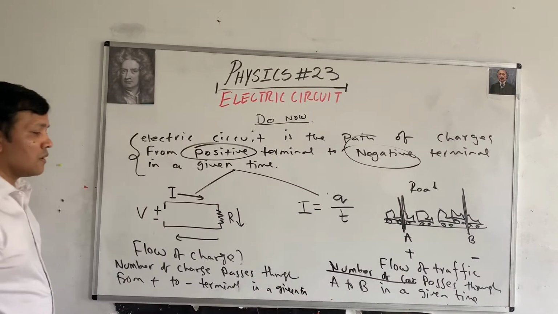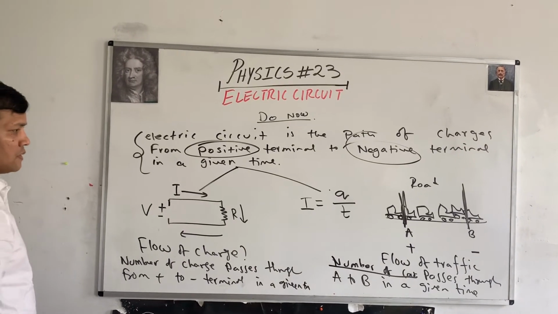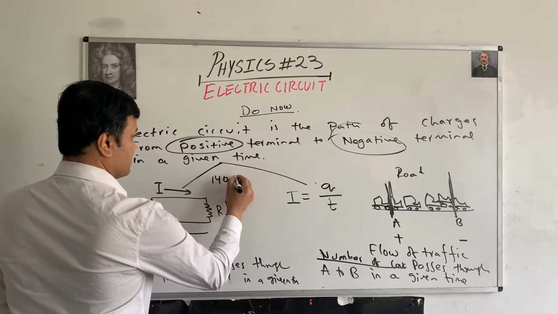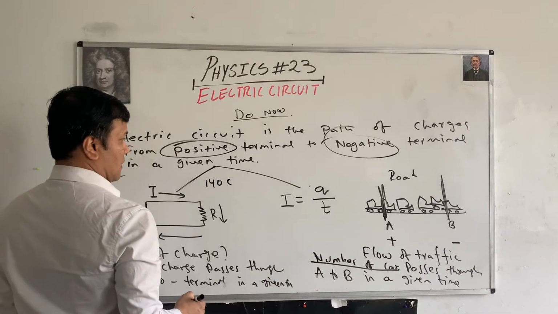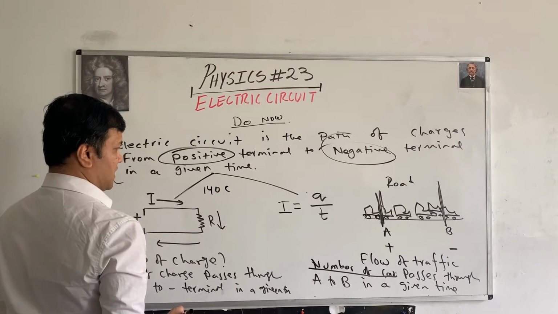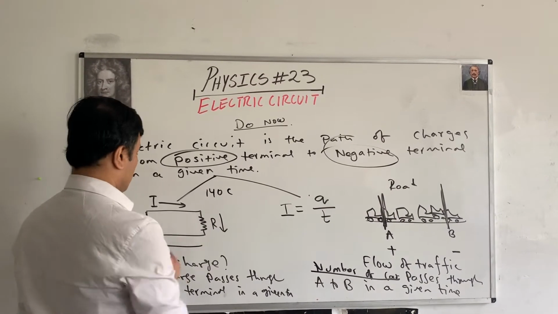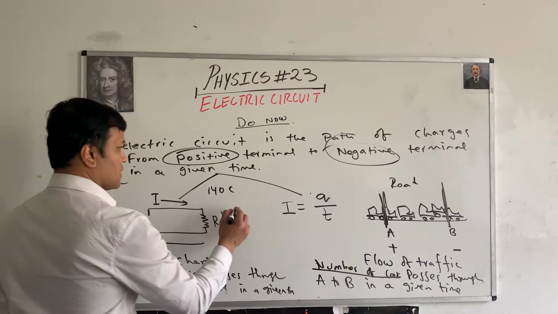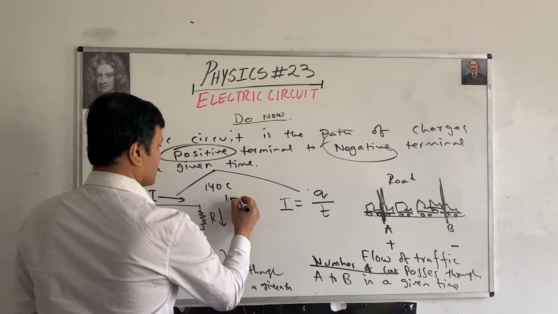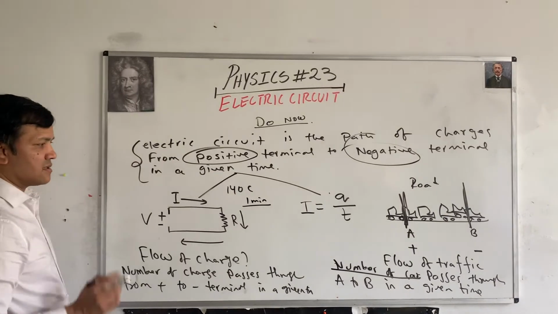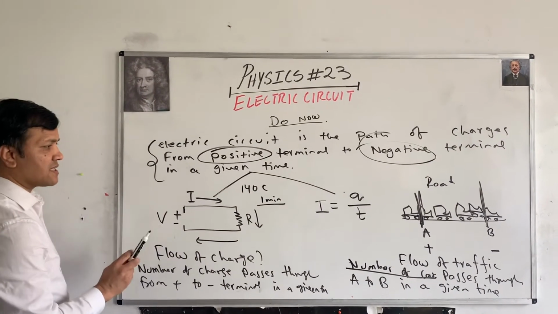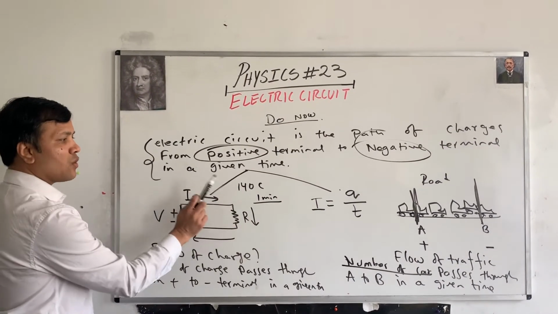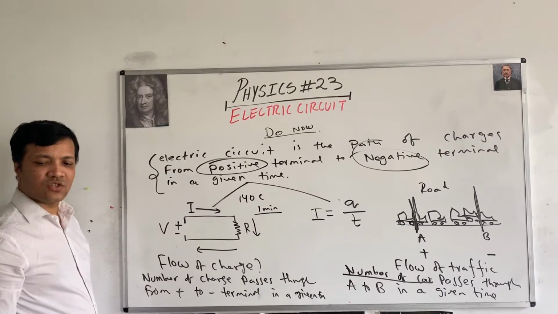Let's say 140 coulomb. It takes 1 minute for 140 coulomb to pass through from the positive terminal to the negative terminal. Find the current. Again, it takes 1 minute for 140 coulomb to pass through.